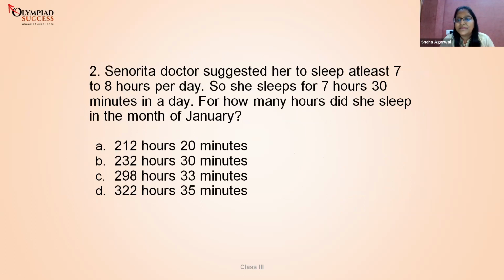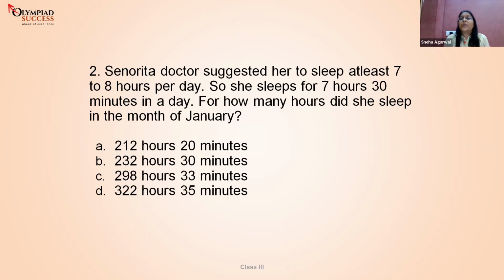Senorita's doctor suggested her to sleep at least 7 to 8 hours per day. So she sleeps for 7 hours 30 minutes in a day. For how many hours did she sleep in the month of January? Okay, guys.